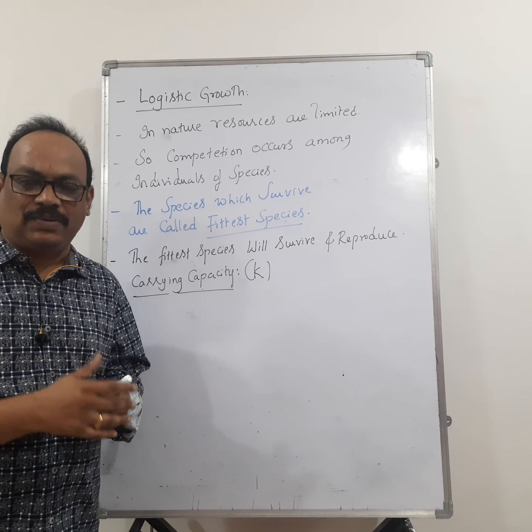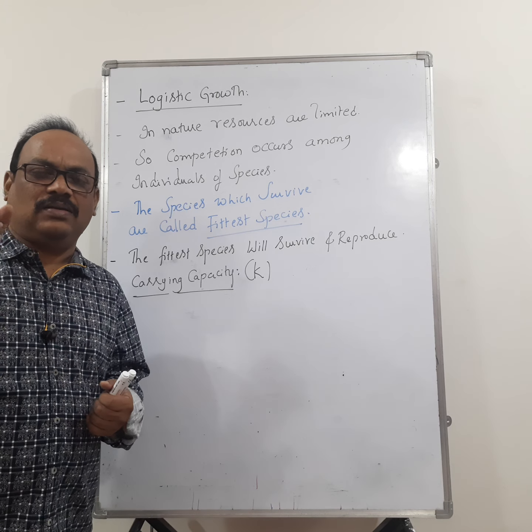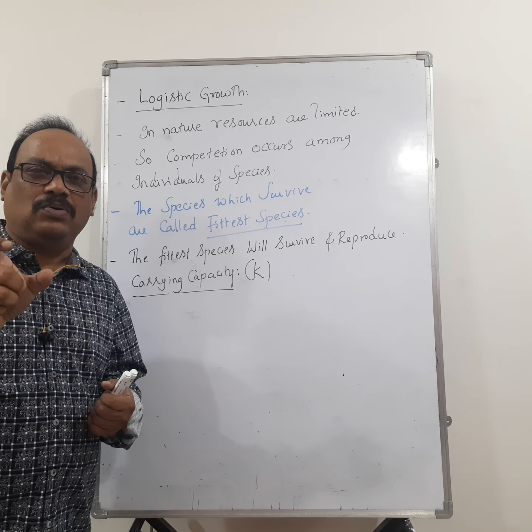For example, a habitat can support only 400 individuals. Beyond 400, the habitat is not going to support individuals. That means only 400 individuals can survive in that habitat. That is called the carrying capacity of the habitat.